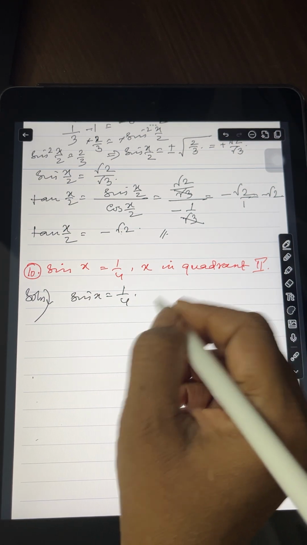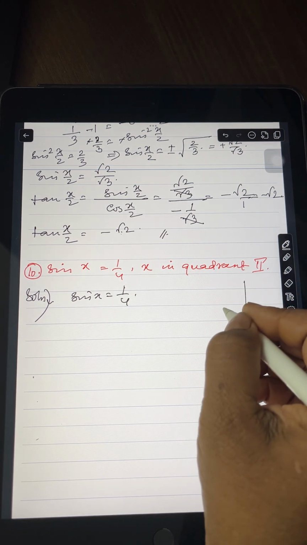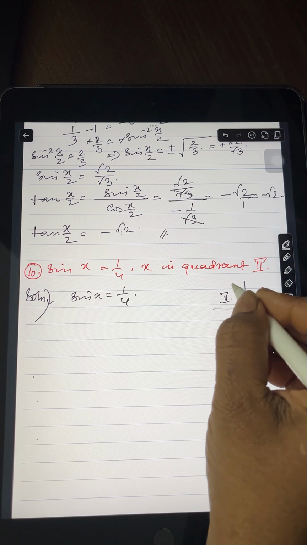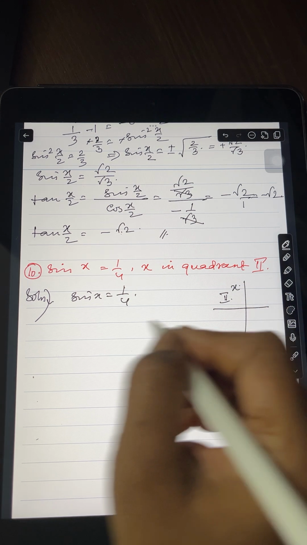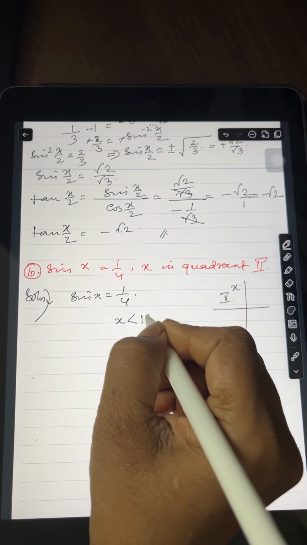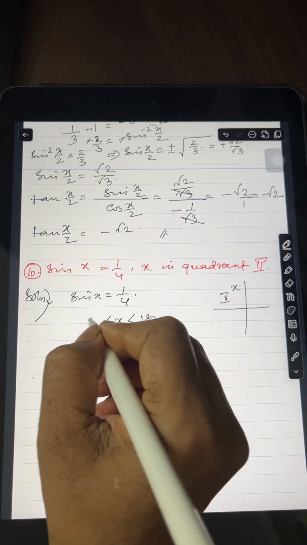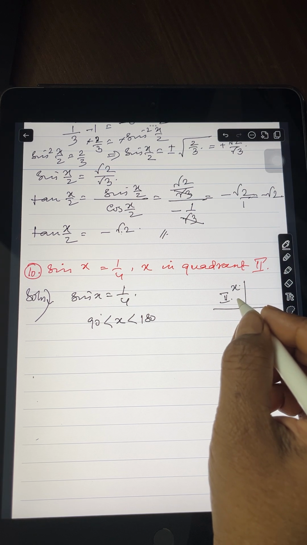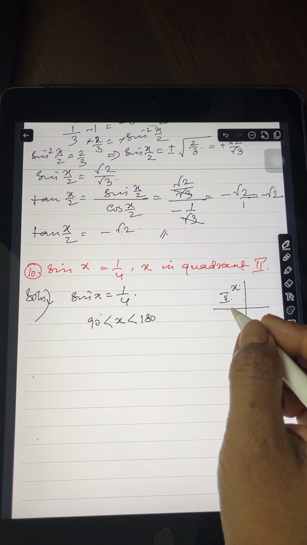Now x is in second quadrant, which means x is here. X is less than 180 but more than 90. Obviously x is in second quadrant, which means x is more than 90 but less than 180.